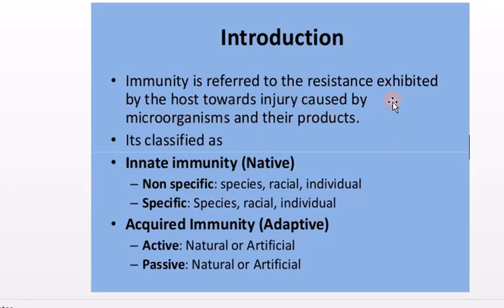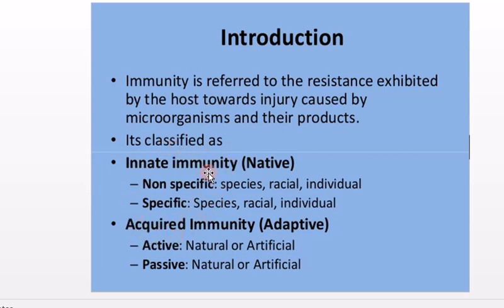Immunity refers to a resistance exhibited by the host towards the injury caused by microorganisms and their products. This is just our body giving resistance to those germs or microbes that enter our body. Based on their nature, immunity is divided into 2: innate immunity or native immunity, because certain immunities we are born with.